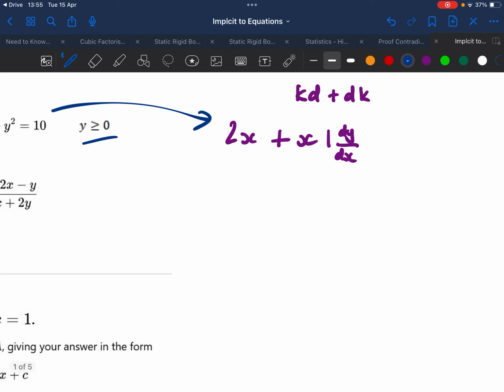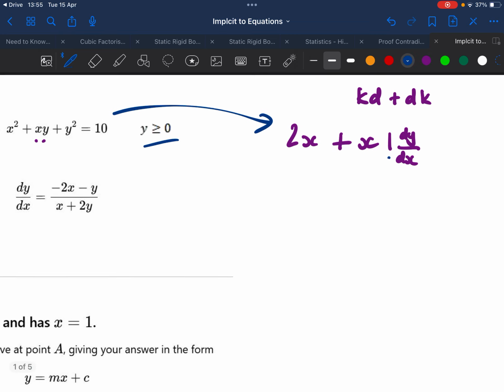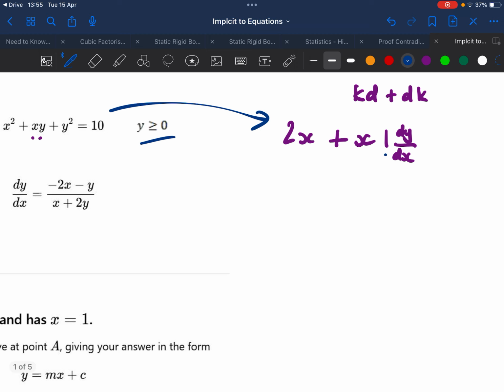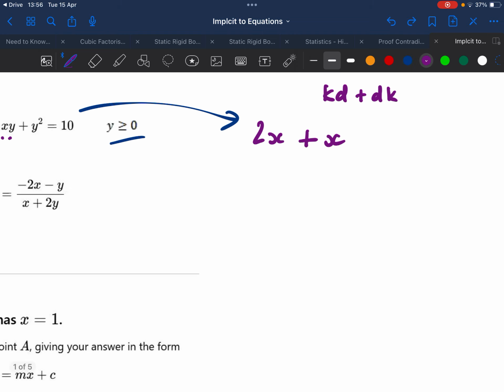If you're differentiating with respect to y, you would get 1, that's kind of the nice number. But because you're differentiating a y with respect to x, it needs to be dy dx. So instead of writing 1 dy dx, I'm just going to write dy dx.